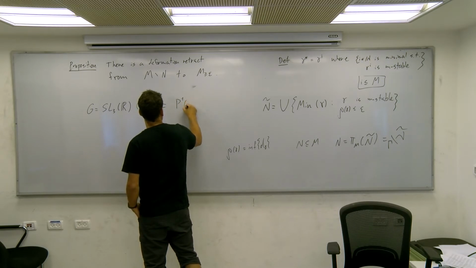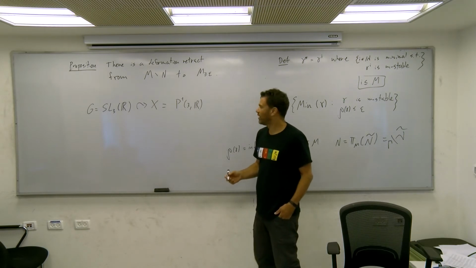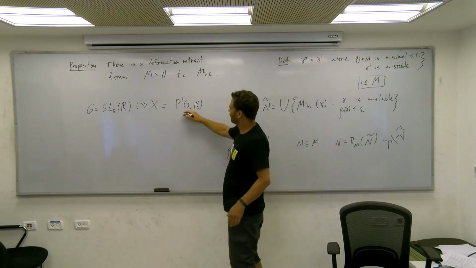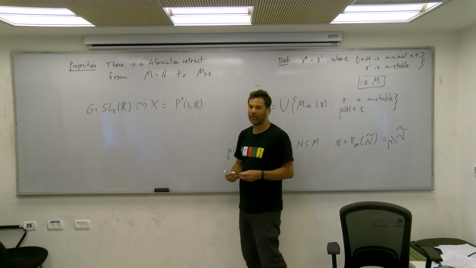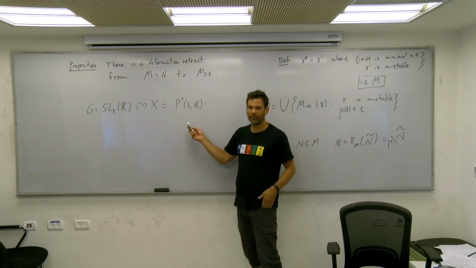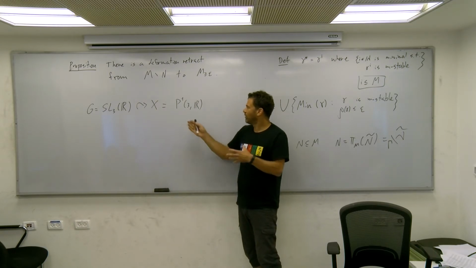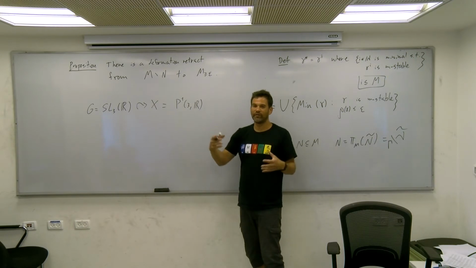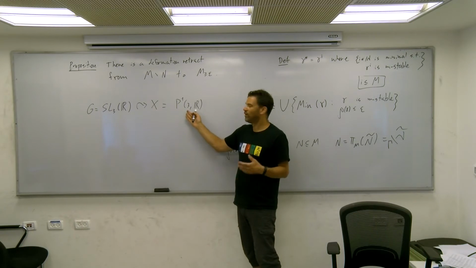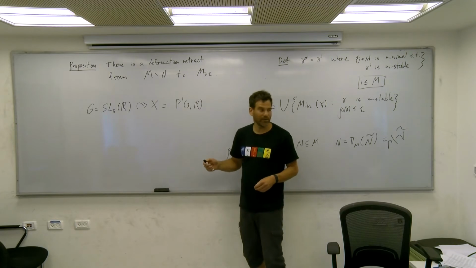One model of it is all the positive definite symmetric 3x3 matrices of determinant 1, or the space of all ellipsoids in R3, or the space of all Euclidean norms on R3.